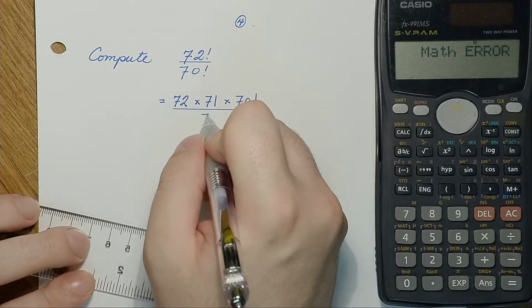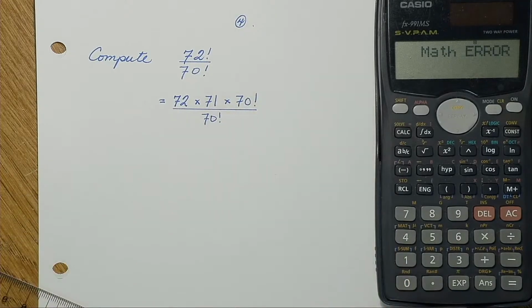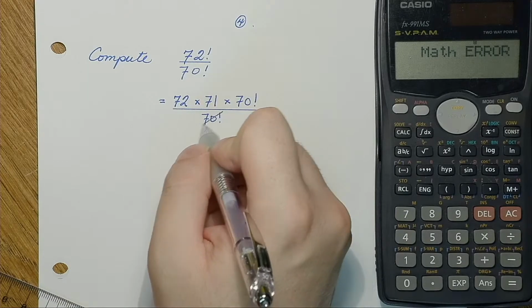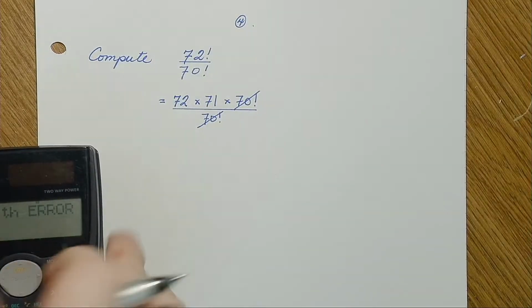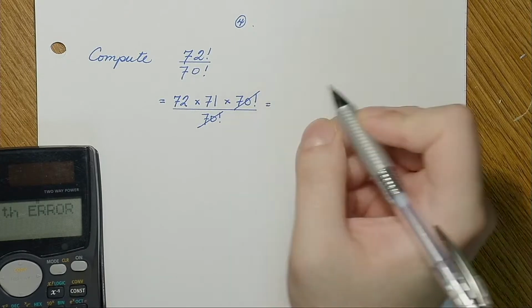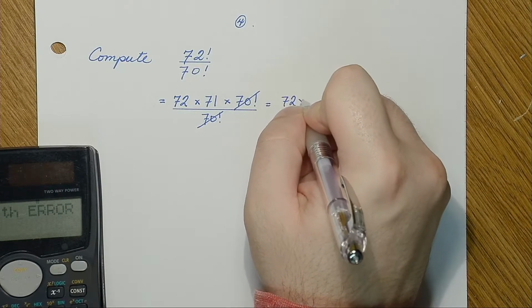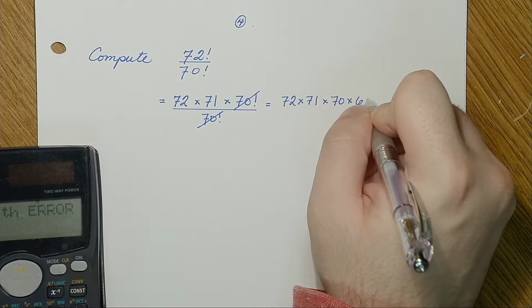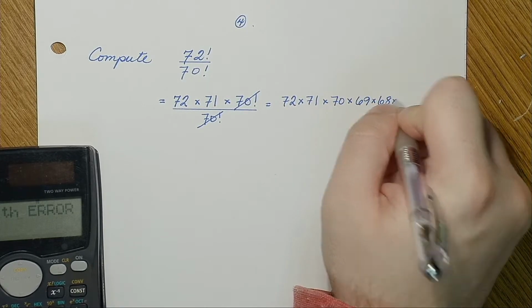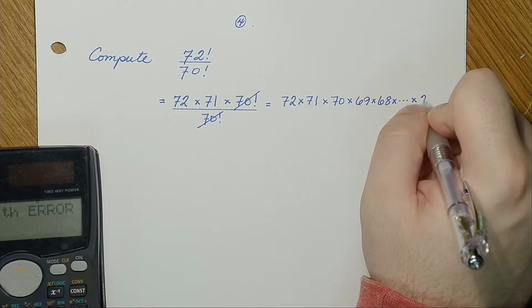And it's still divided by 70 factorial. And we can cancel this out. And if everyone starts to panic, they're like, oh no, what are you doing? Okay, what I'm doing is 72 times 71 times 70 times 69, 68, okay, I'm getting tired of writing that out, times 1.